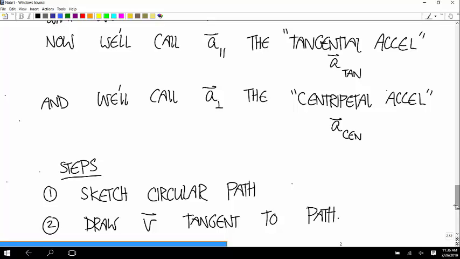Calling the parallel tangential makes sense because the part of the acceleration that's parallel to the velocity always has to be tangent to the path. And centripetal acceleration means toward the center of the circle. And if you're in circular motion, that perpendicular part of the acceleration always points toward the center.